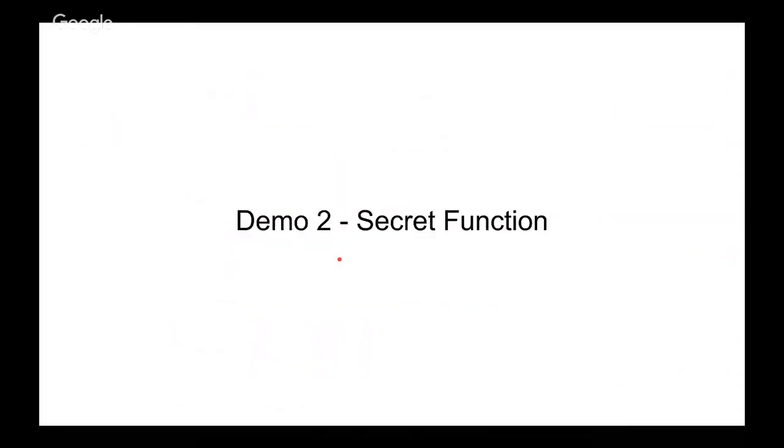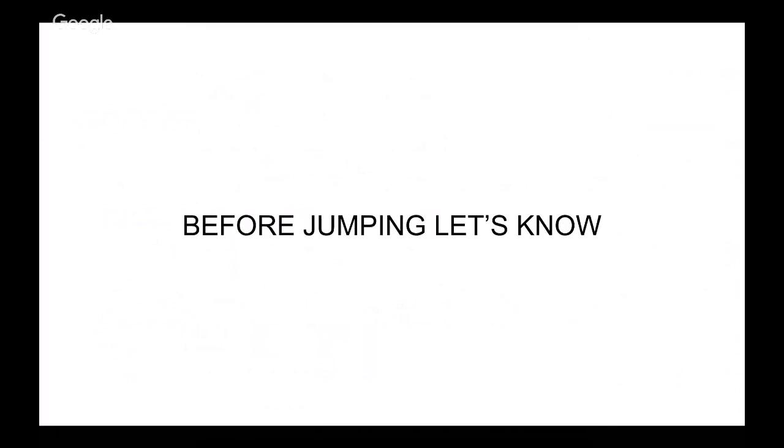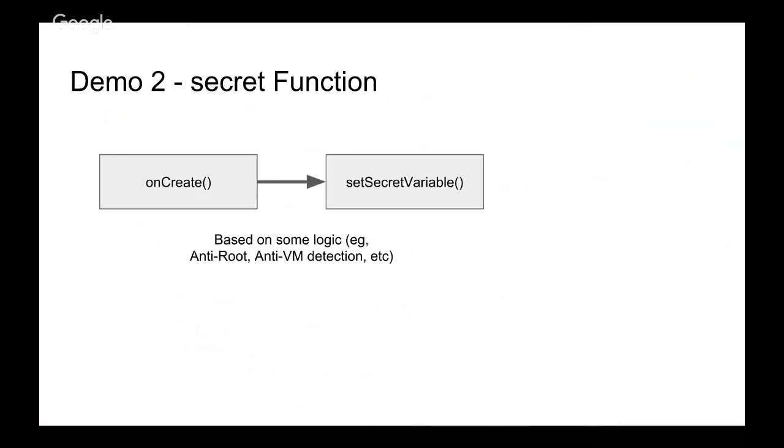Now we saw functions where the logic was hard coded. Whenever you click the button, that would get executed. Let's see this. You have a secret function which is not going to be called until you meet some logic or until there are some checks. onCreate checks this.